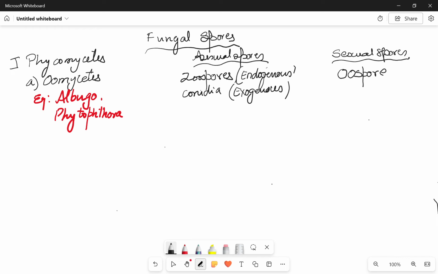The male sex organ antheridium produces the male gamete, and the female sex organ oogonium produces the female gamete. Both gametes fuse and form the diploid zygote, and it forms a thick wall around it and becomes the oospore, and it stores food material also. It can survive for many decades because of the food material present in it. So this is 2N diploid, and it is endogenous.